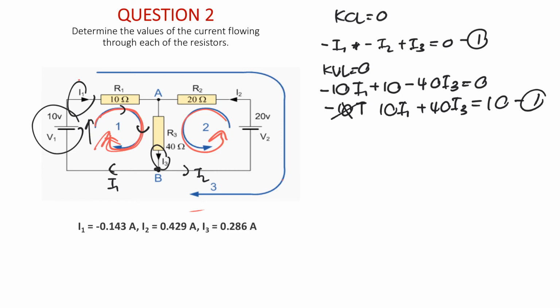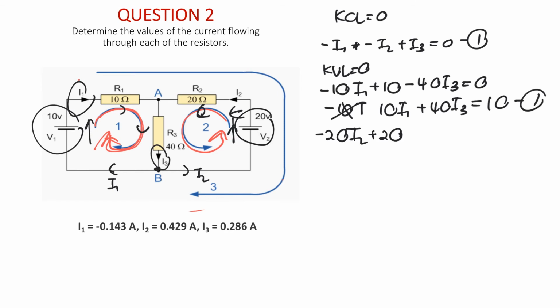Now we are going to find the next equation from the second loop here. I'm going to start from the 20 ohm. My assumption loop is in the same direction as my current inside the circuit, so it's going to be negative 20 I2, because that is the area for I2. Then for the battery here, my assumption loop is moving from negative to positive, therefore I'm going to get positive 20.